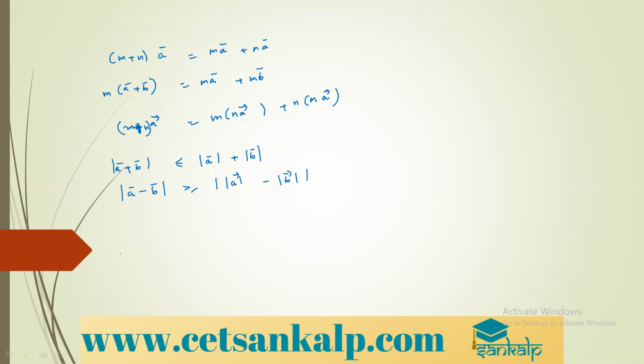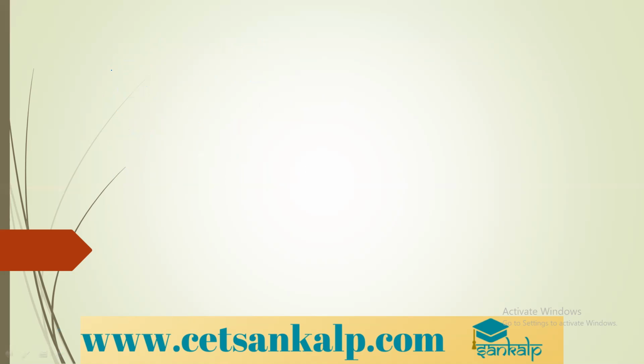The next thing is, we have section formula in vectors also. That is, there is a vector AB. Position vectors are taken. Position vector of A is vector OA, and position vector of B is vector OB.